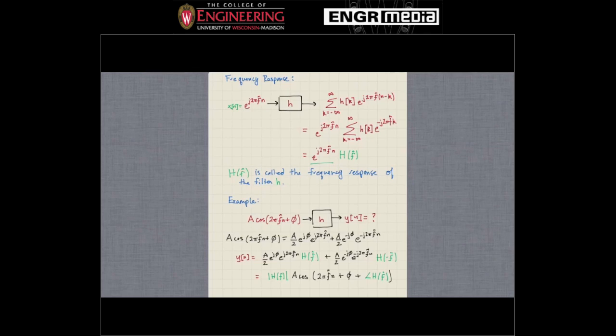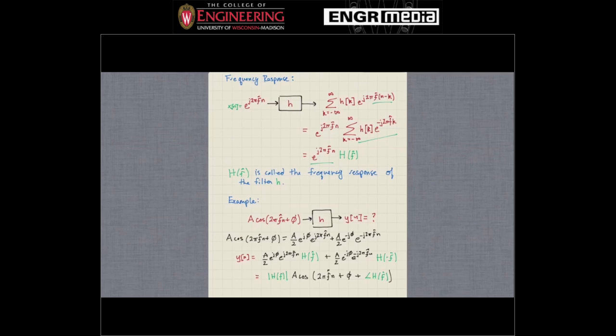The reason I could do that is that I could factor this apart and take the term that doesn't depend on k outside of the sum. That was my original input signal. And that left me with this term, and that term does not depend on n. All right?